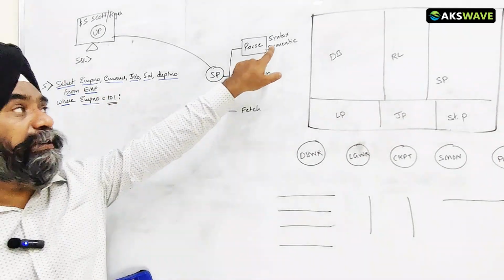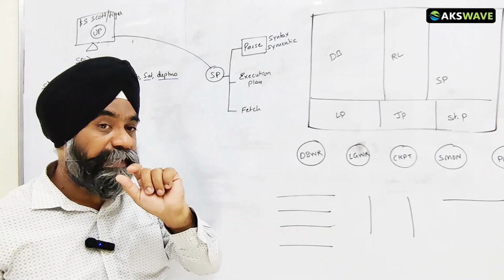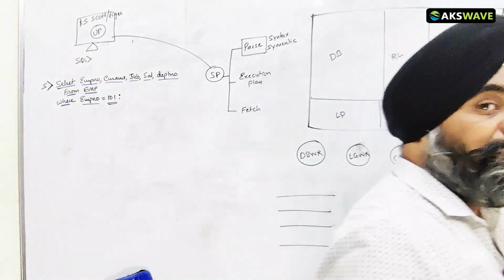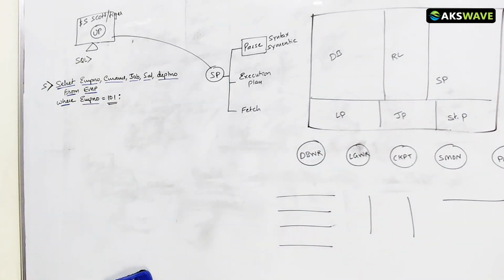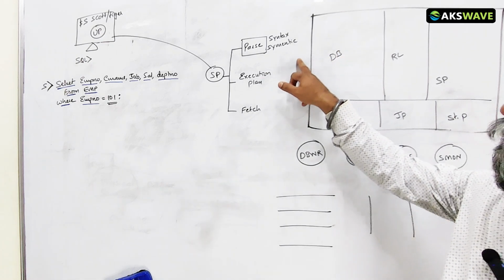That is called as what? Semantic checks. So in parsing, there are two types of checks mainly done. One is syntactical checks. Second is semantic checks, syntactical and semantic, right?